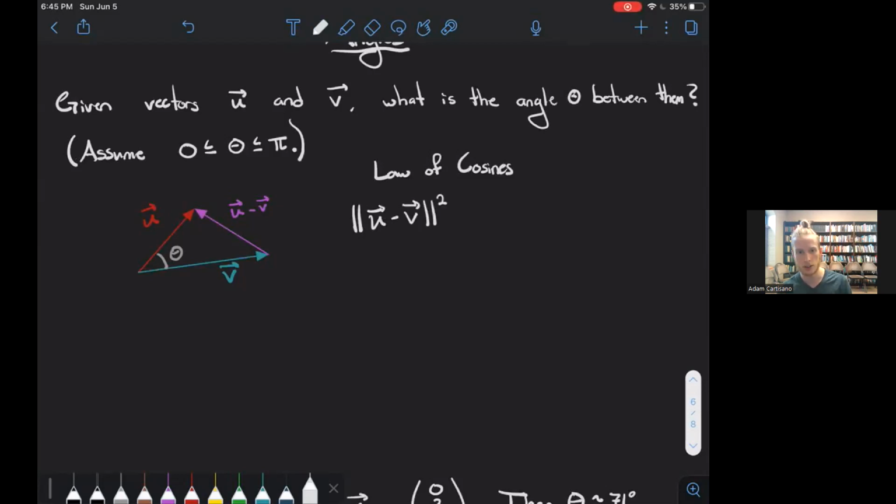By the way, the law of cosines is a generalization of the Pythagorean theorem for triangles that are not necessarily right triangles. Okay. So it says, you want the square of a third side. It'll be the first side squared plus the second side squared.